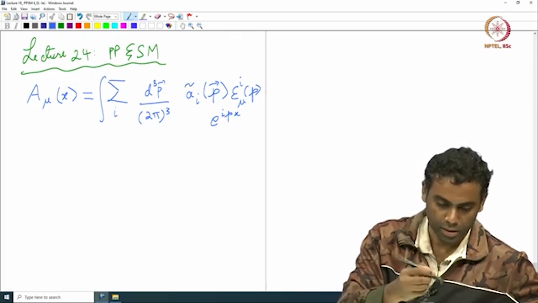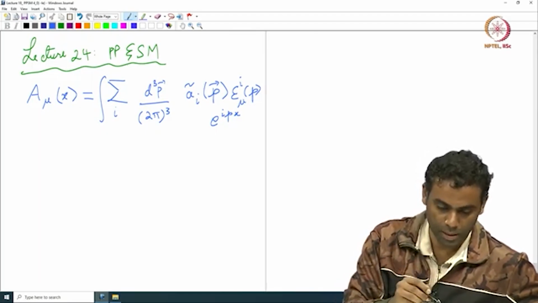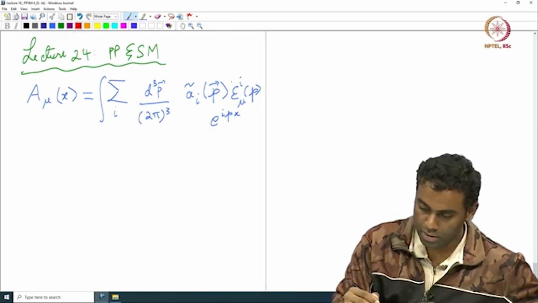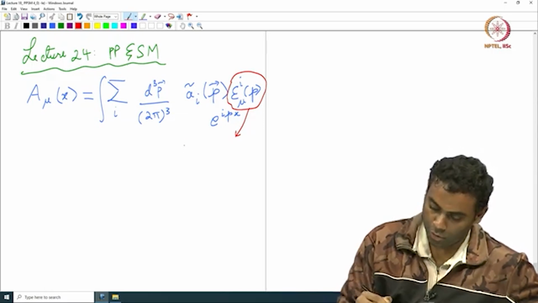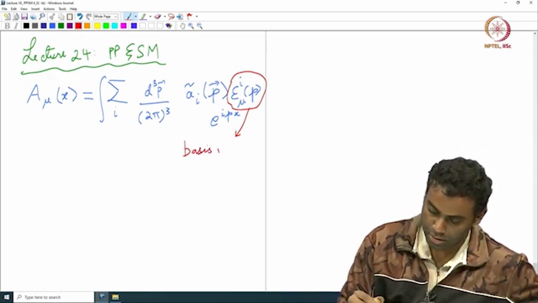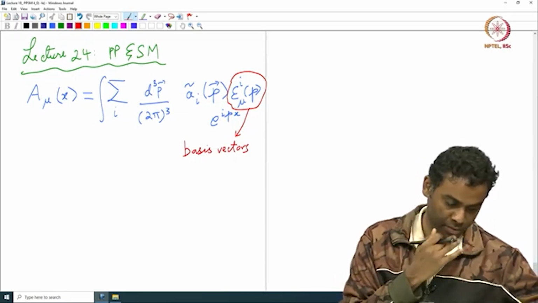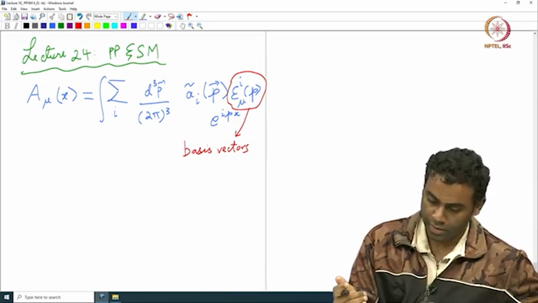So, in other words, the epsilon mu's, they form a set of basis vectors here. Okay.